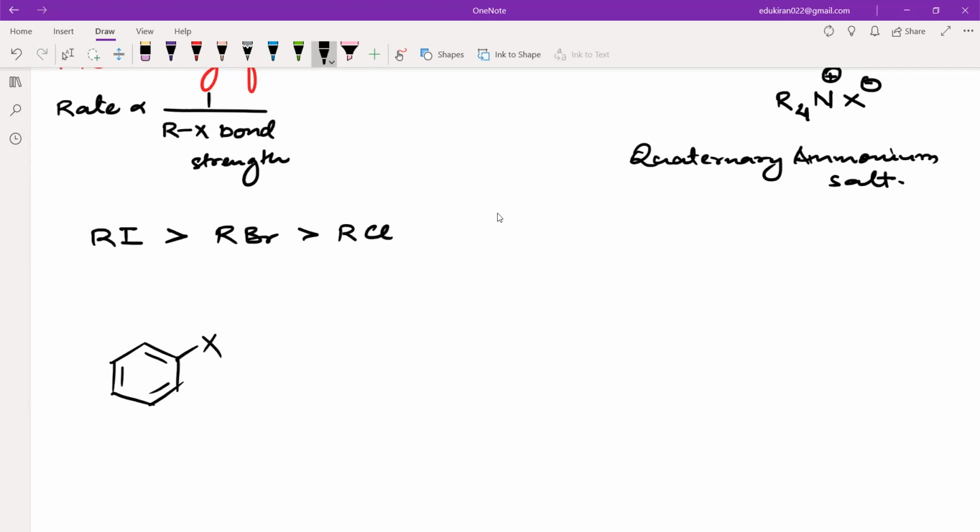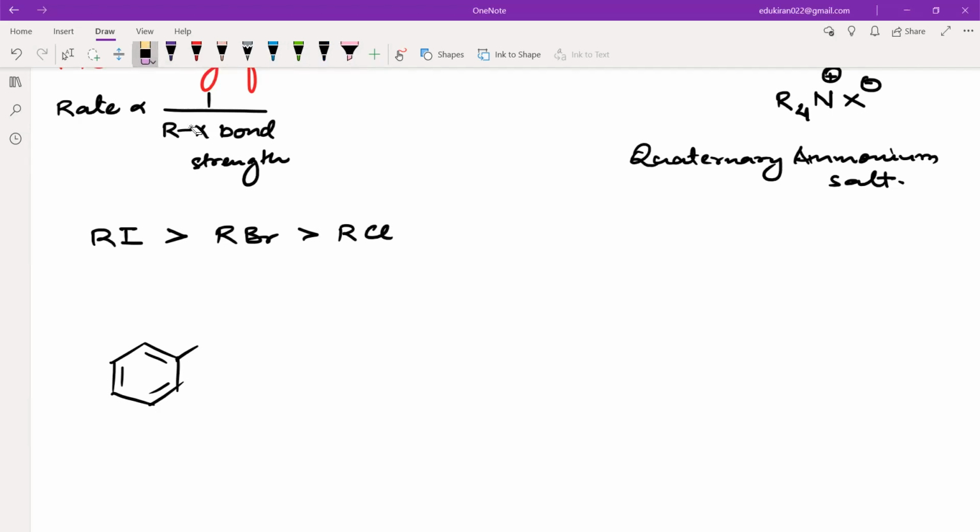Is this a benzyl halide? Okay, tell me. Okay, this is not a benzyl halide. Please remember, this is not benzyl, this is phenyl. This is the phenyl group. This is not the benzyl group.